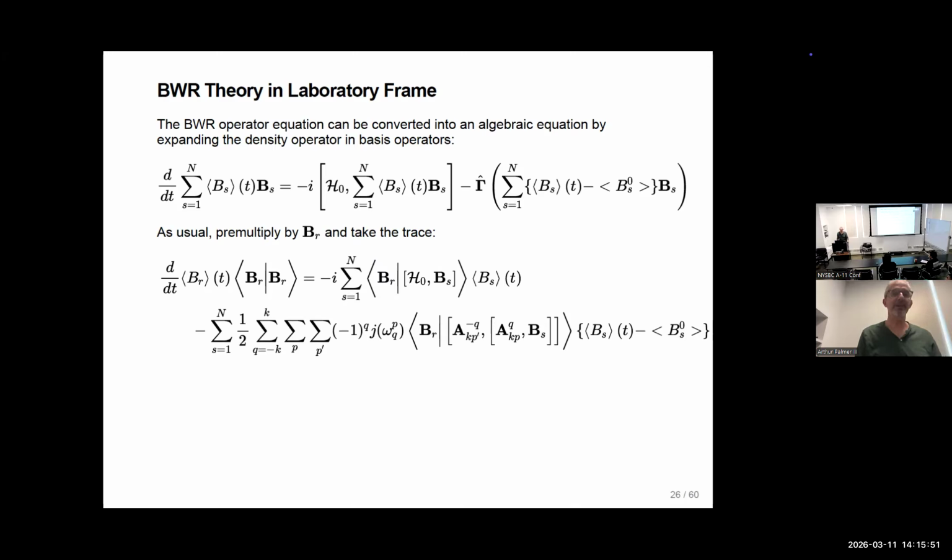So that argument says we might as well set P equal to P prime and collapse one of these sums. Because anything where P and P prime are different will have different eigenfrequencies. That's what P is telling us. And they're not going to cross-relax.